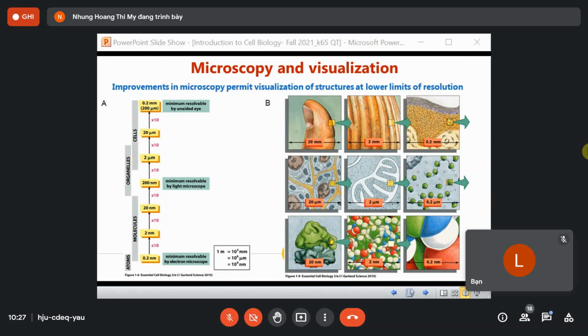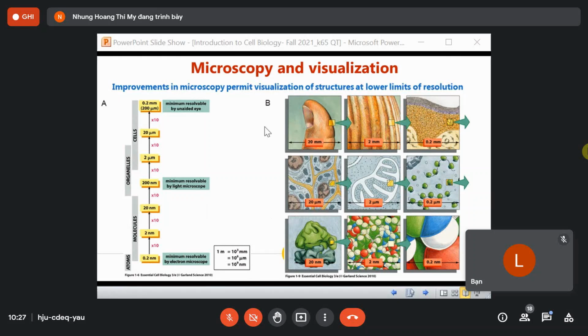And the shortest distance that we can recognize is about 0.1 millimeter. Just look at your hand. You can recognize some lines on the tip of your finger, right? Normally the distance between two lines is about 0.1 millimeter, and you can recognize that.